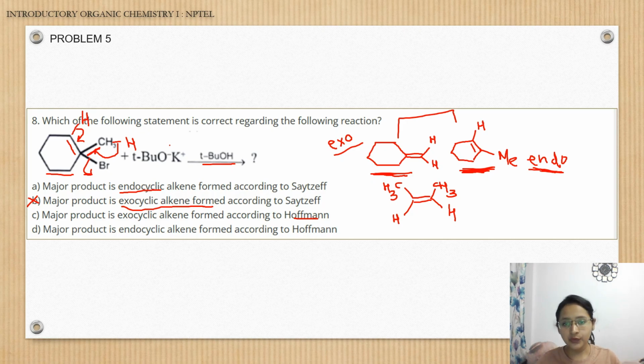Have you now understood the difference between the Zaitsev and Hoffman rule? Is it clear to you? Okay. So option C says that the exocyclic alkene is formed according to the Hoffman rule. Is it right?